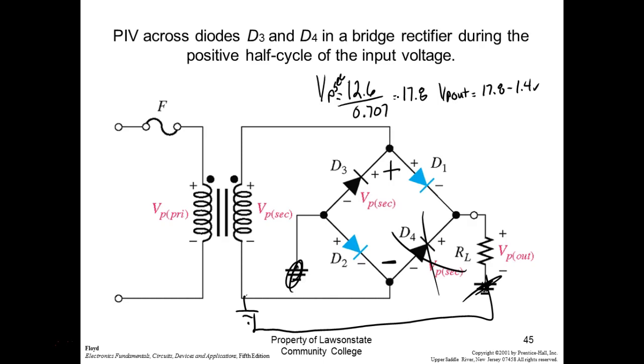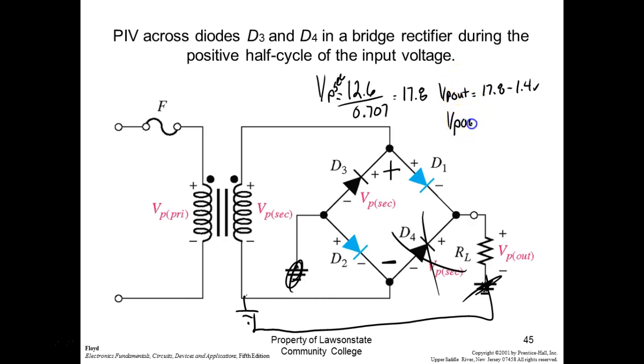For full wave bridge, V peak out is V peak secondary minus 1.4 volts, or 2 VF times 2 or something like that. So my V peak out would be what?